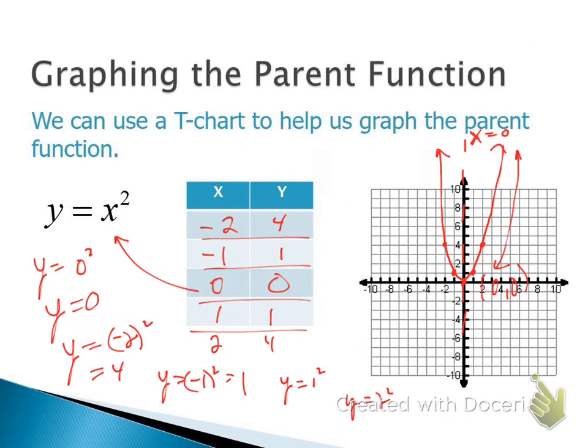So if we go back to the graph of the parent function, this vertex could shift, or the whole graph could shift. One place or the next could shift over here. If it's not the parent function anymore and we're looking at different functions, it can do that. Or it could possibly shift down here. The easiest way to look at this is shifting the vertex.